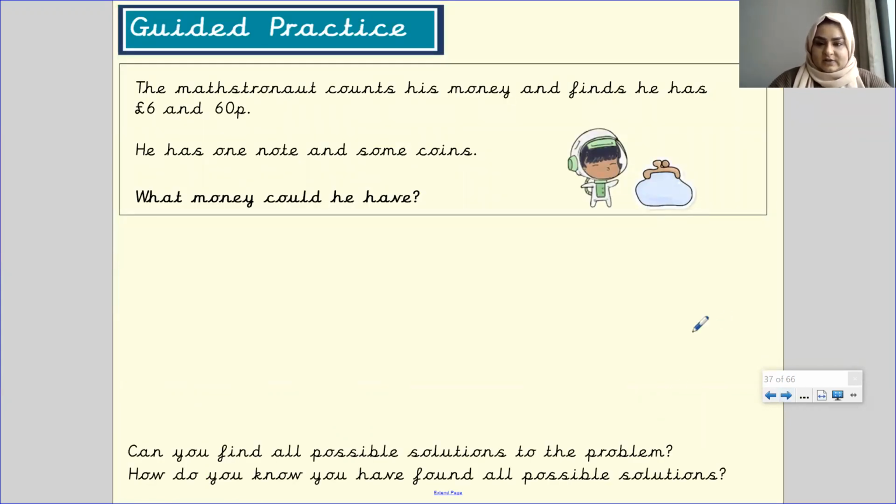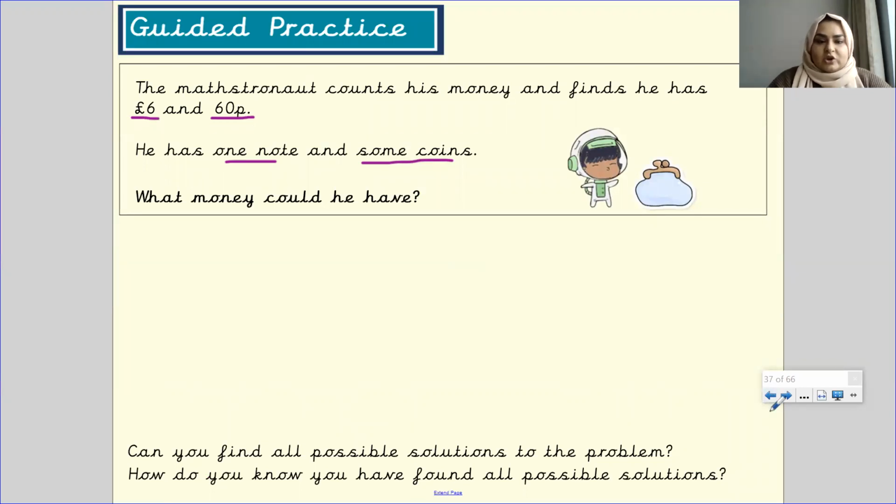Now, I have another guided practice for you. So, this guided practice says, the mathstronaut counts his money and finds he has £6 and 60p. He has 1 note and some coins. What money could he have?